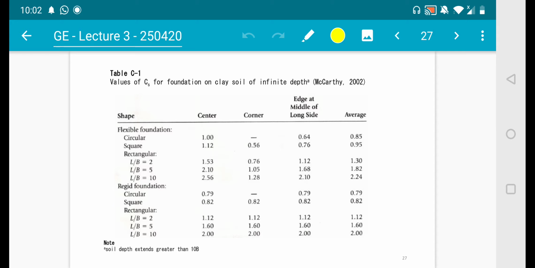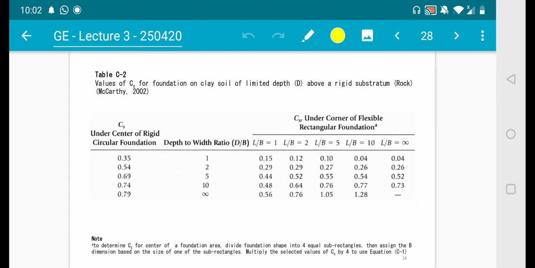This is table C1, the values of CS. So CS can be taken from this table. You have different types of foundation with respect to dimension, and then you get the value of CS. This is table C2, the value of CS for foundation on clay soil of limited depth. You have a circular foundation here, and then the CS respective of its depth to width ratio.